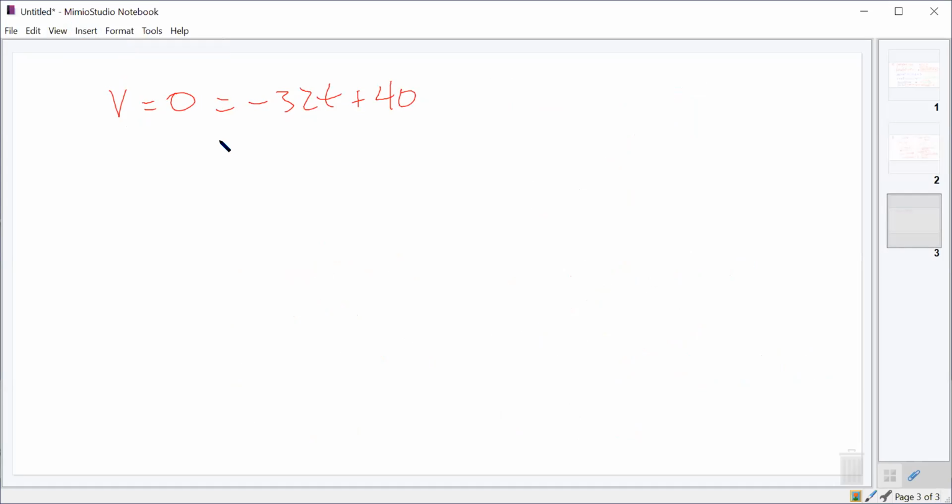So that'd be t equals 40 over 32. Divide those both by 8, you get 5 over 4. Good with number 5? Yes. All right. Wonderful.